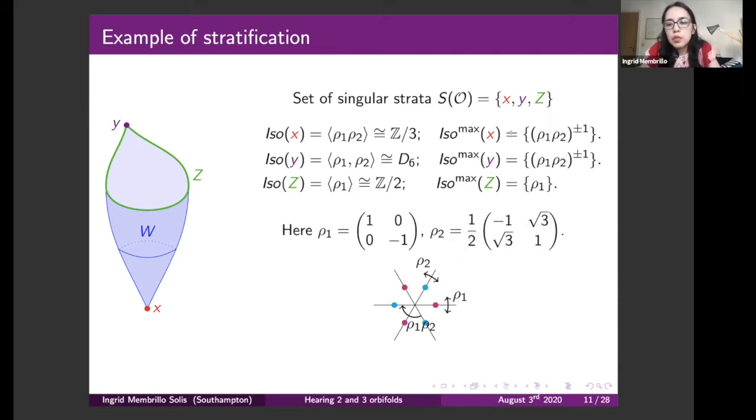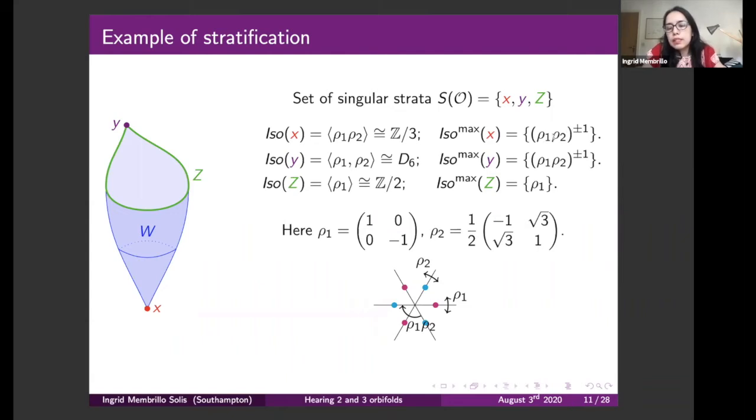And Isomax, basically, again, we need to think about all the elements in which this subset, this stratum, is open in the subset of elements fixed by an element of the group.